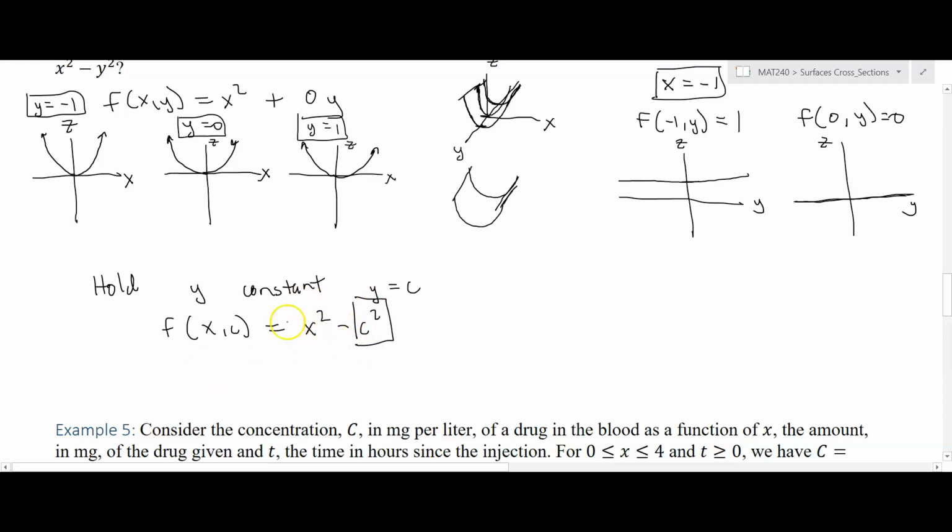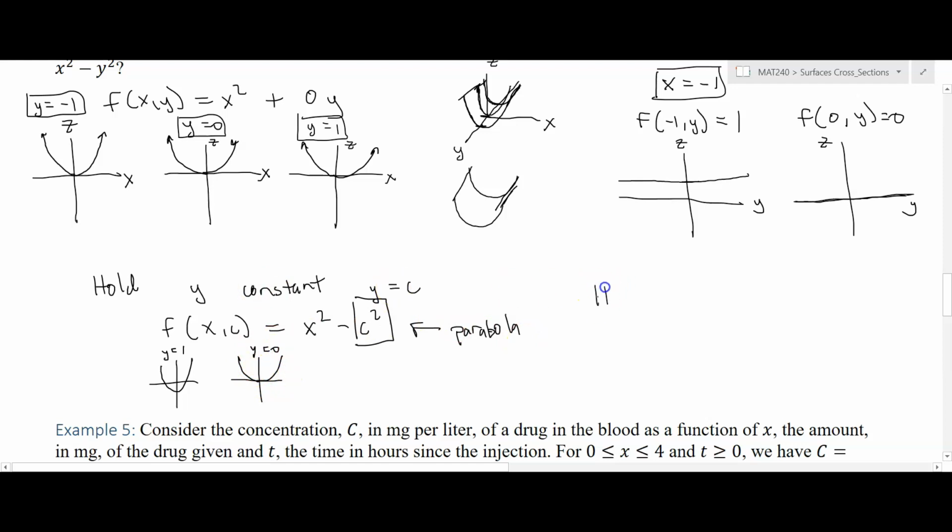So that's going to be a parabola that's shifted down c squared units. So if c was 1, then this would be the parabola x squared minus 1. This is for y equals 1. If y were to equal 0, then it would be just the parabola z equals x squared.